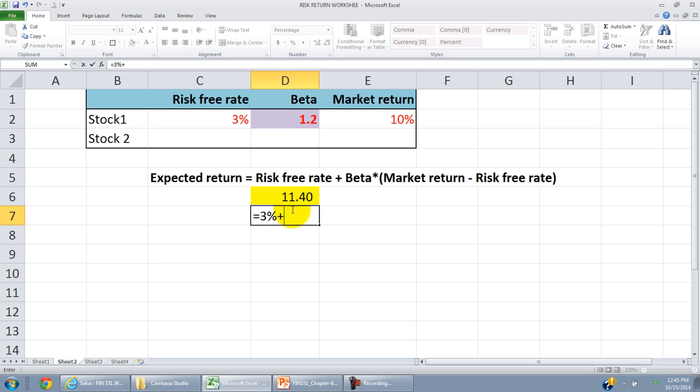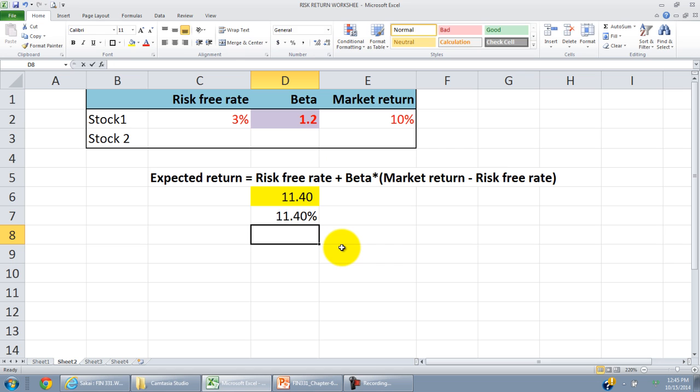Now if you want to keep everything as percent, here's what we do. 3% plus beta of 1.2 multiplied by 10% minus the risk-free rate of 3%. So it also gives you what? 11.4. Or if you want to do it in that way, like 3% is 0.03, right?